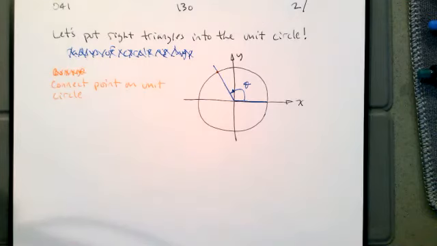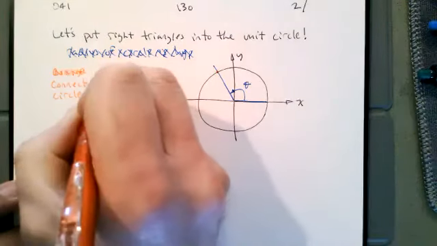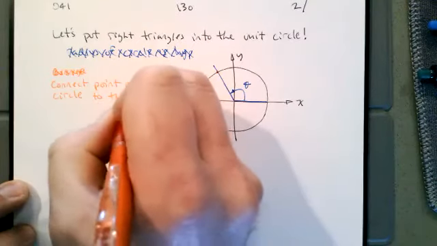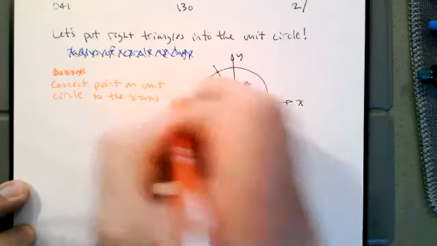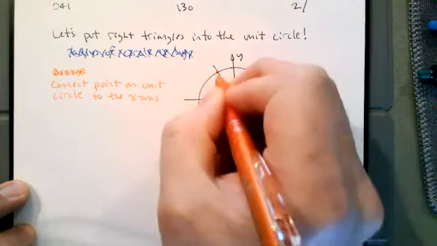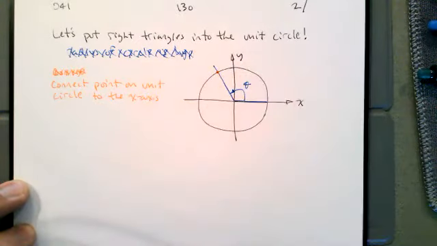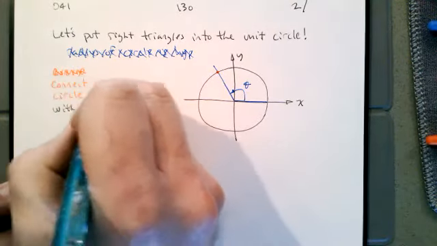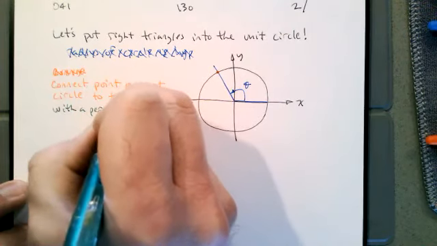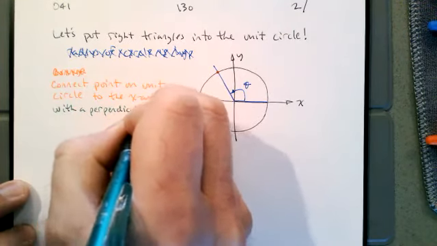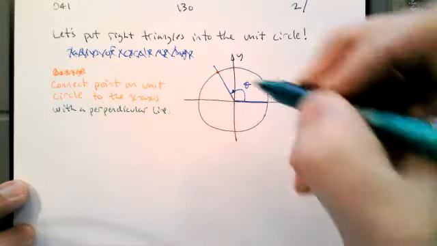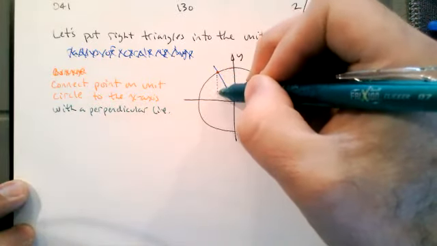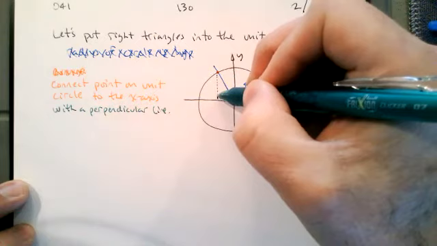Connect the point on the unit circle to the x-axis with a perpendicular line. So drop this down perpendicular.